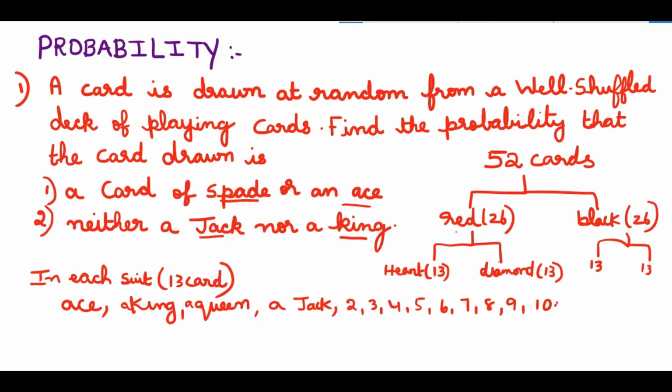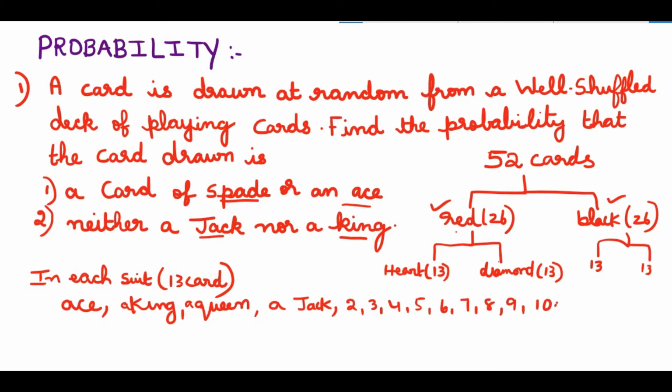So before doing any card problem, you should know this basic fact that there are 52 cards in total. Out of that, 26 are red in color and 26 are black in color.